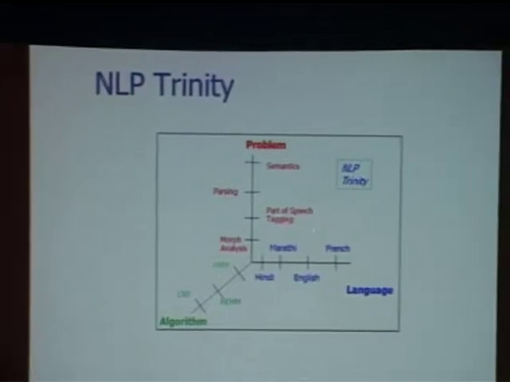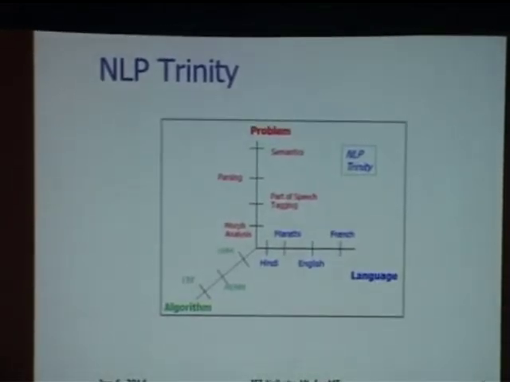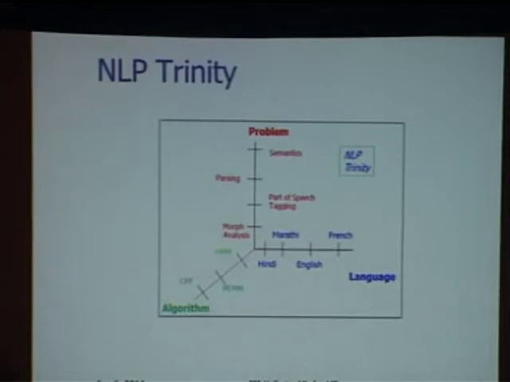Given a language and an NLP problem to be solved for this language, the task is to design an algorithm. It could be based on hidden Markov model, CRF, MEMM, and so on, which are well-known machine learning algorithms to solve this problem. So it is useful to remember that natural language processing or computational linguistics is a 3-dimensional activity.